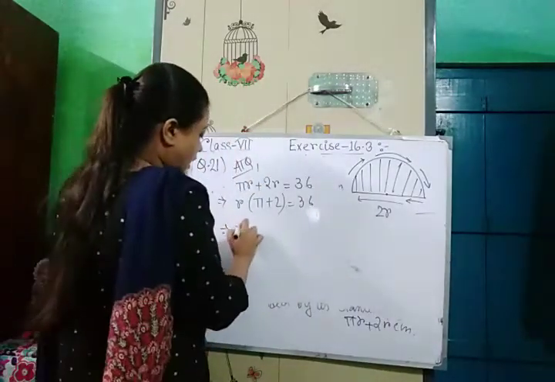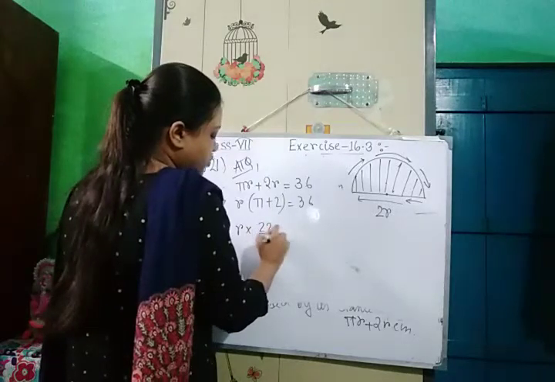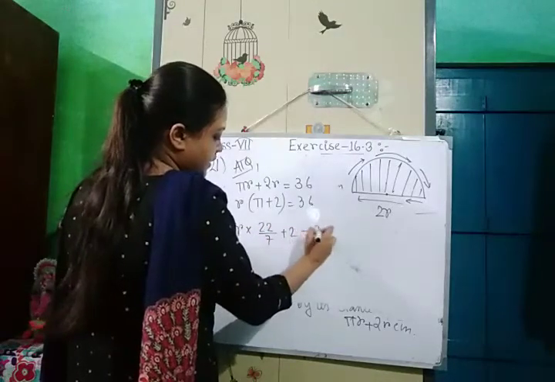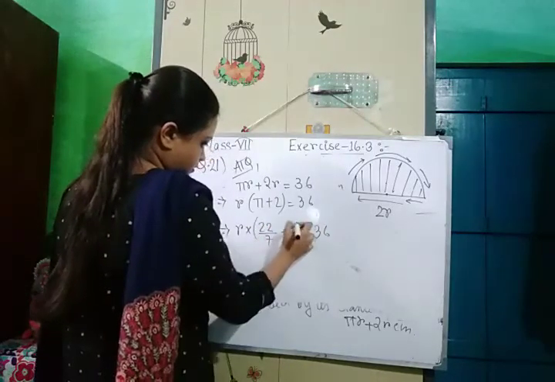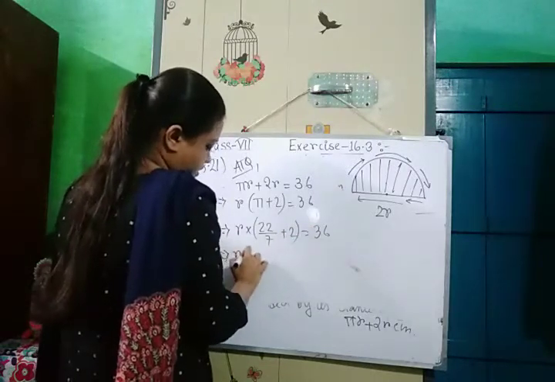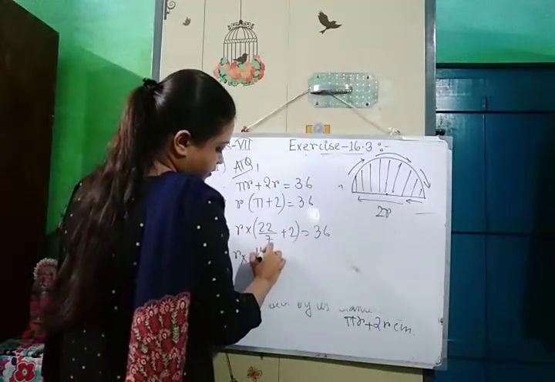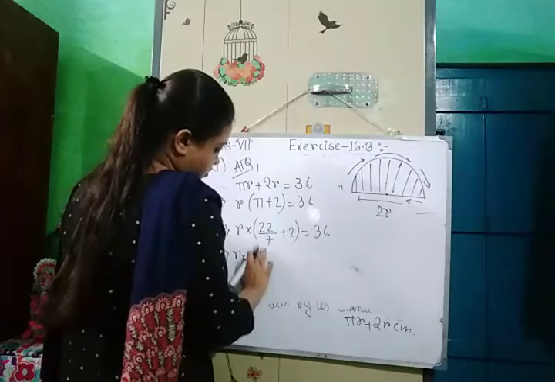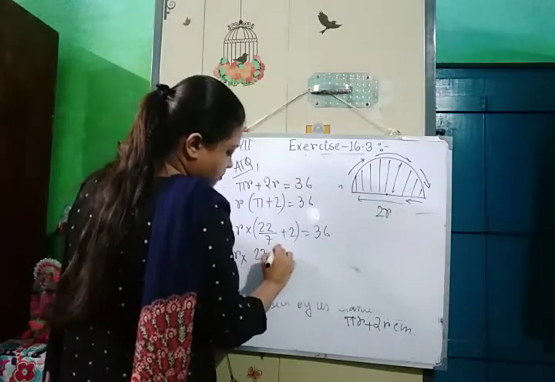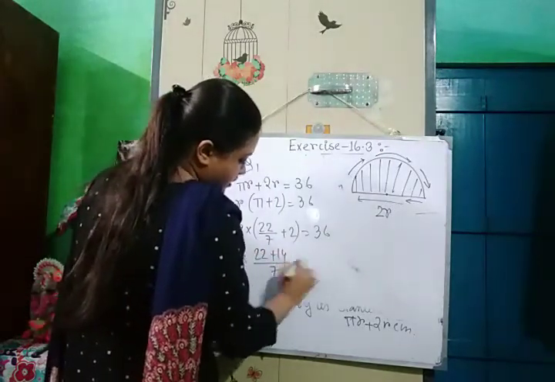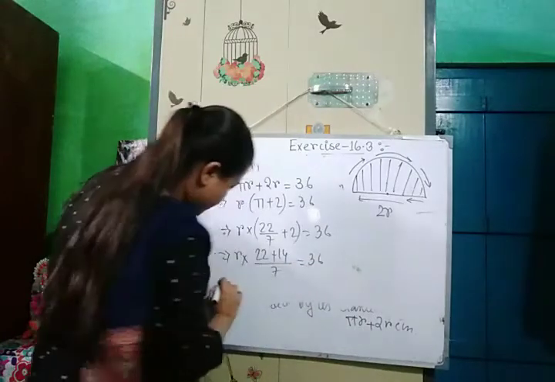So r into 22 by 7 plus 2 equals 36. So it will be r into 22 plus 14 by 7 equals 36.